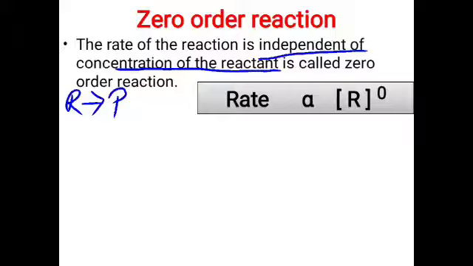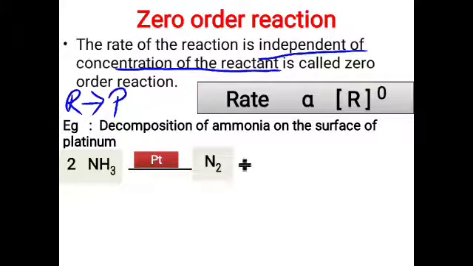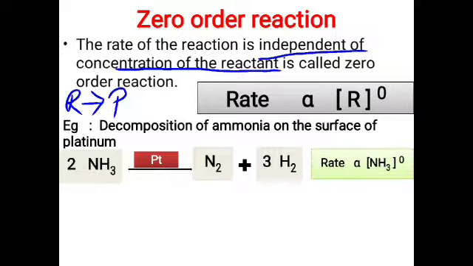An example of this zero order reaction is the decomposition of ammonia on the surface of platinum. When ammonia molecules are decomposed on the surface of platinum, it gives you nitrogen and hydrogen molecules. When the rate was measured for this particular reaction, it was found to be constant. So we write rate is directly proportional to ammonia to the power 0.